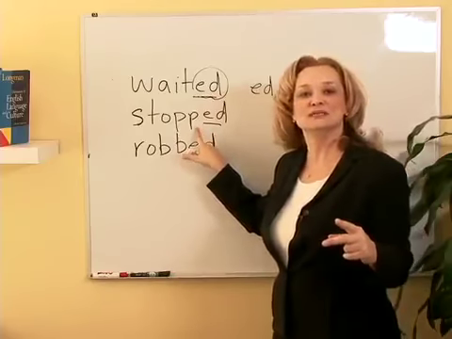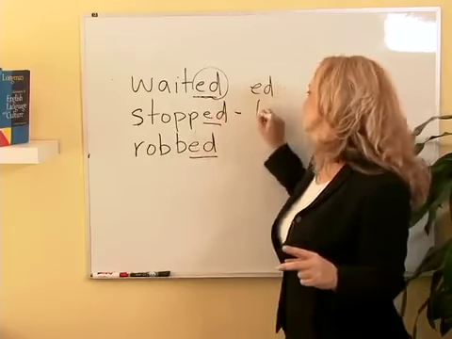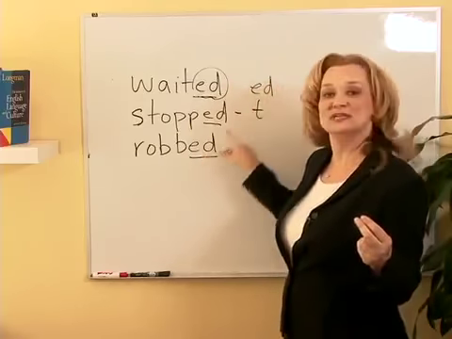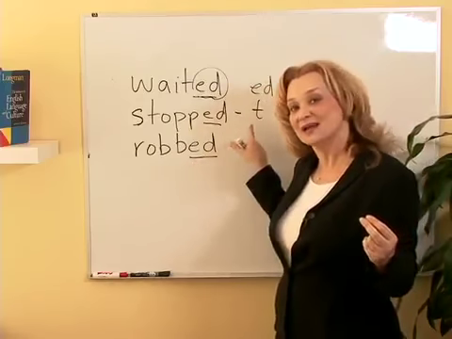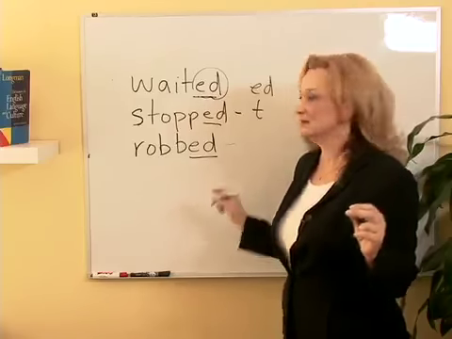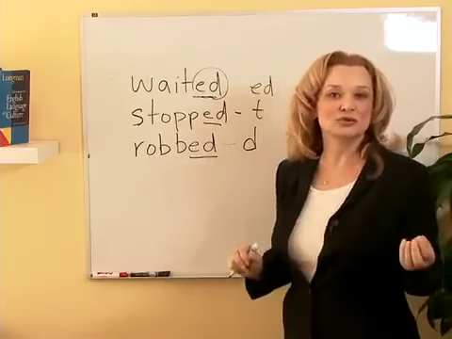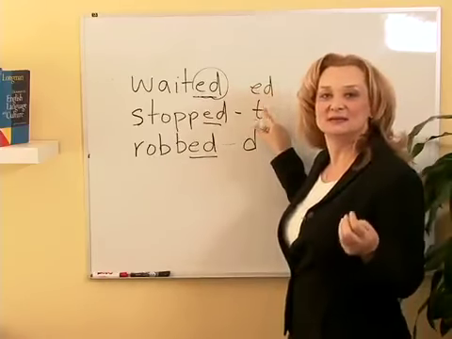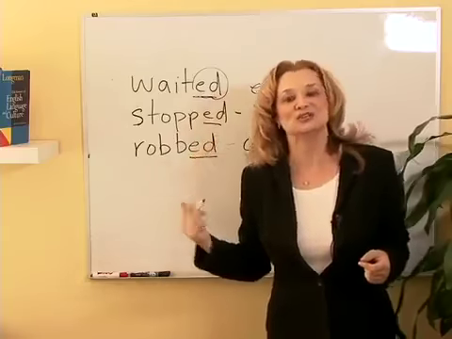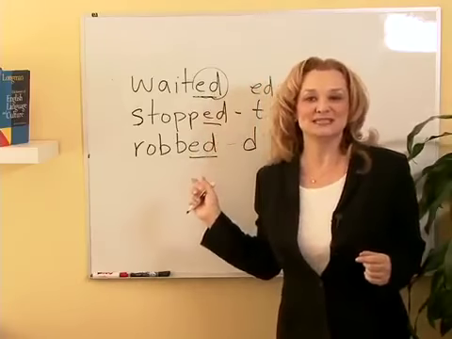Listen to this one: stopped. What happened to the ED? It became a T, stopped. Listen to this. Do we say "wrapped"? No, this one is not a T. This one is robbed. So this one becomes a D. So we have three possible choices: ed, t, or d. This is what makes the past tense in English a little bit problematic. I'm going to teach you the rule now so that you can fix these mistakes.